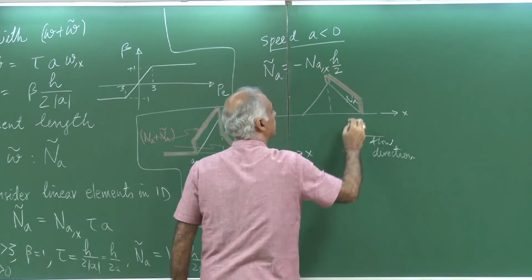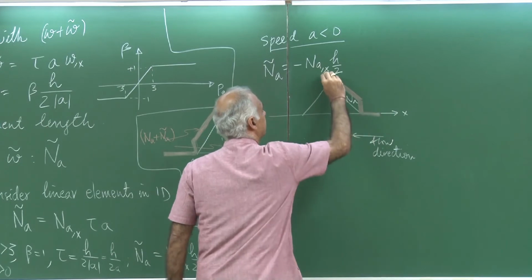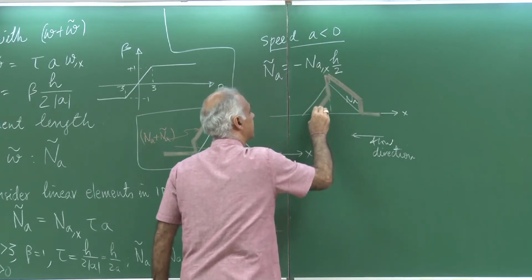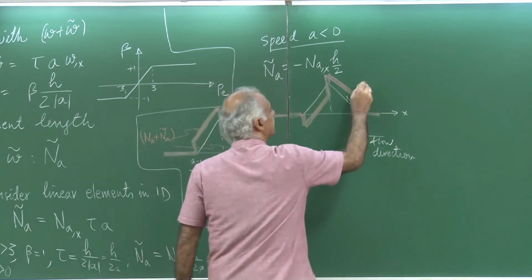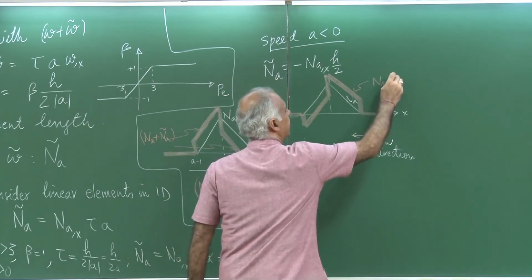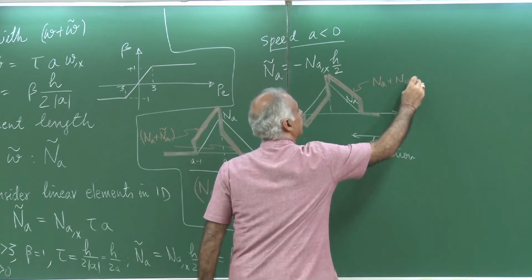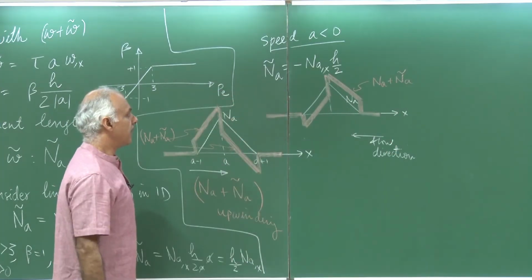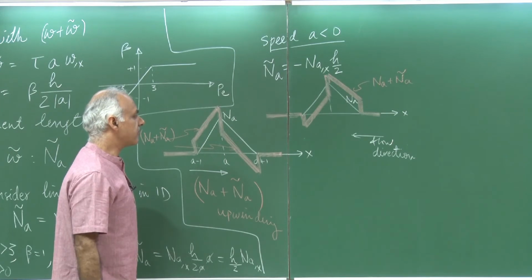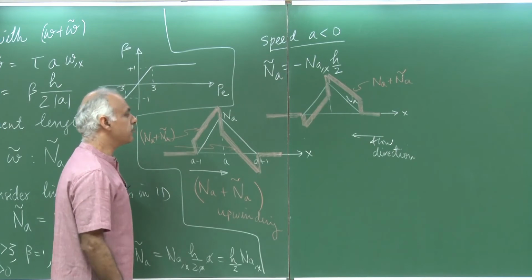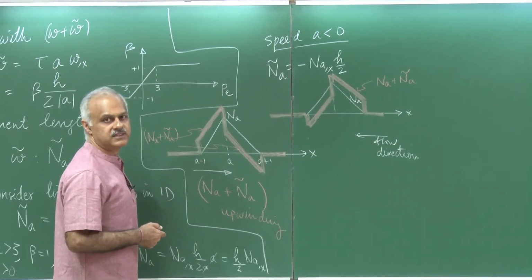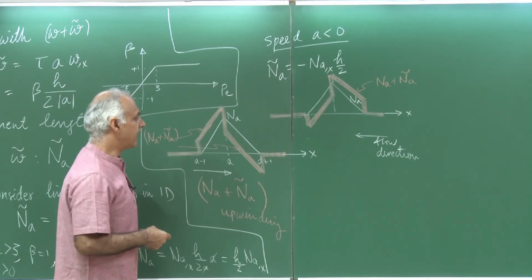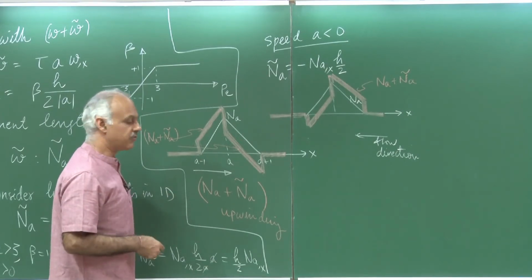So, this is what would happen. This is the shape function I would get, NA plus NA tilde. So, by this formula of NA and NA plus tilde, I automatically get more weightage to the information traveling from upstream towards downstream, and it already incorporates the flow direction.